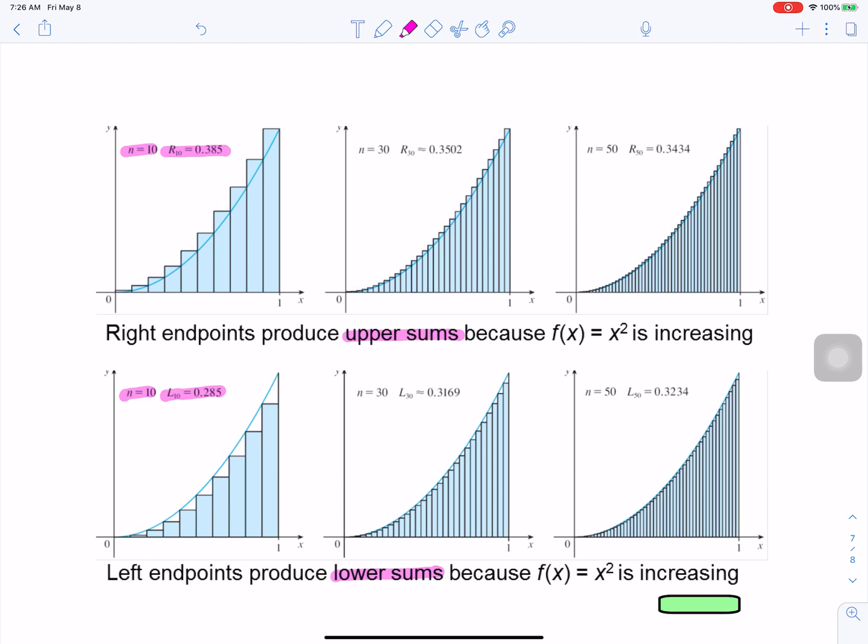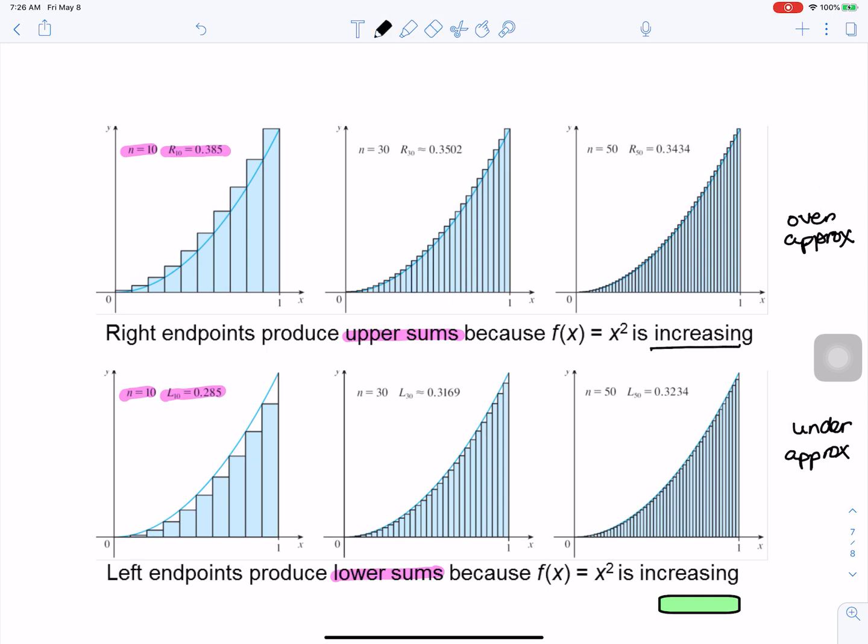So these are over approximations when you do the right endpoints, and these are under approximations when you do the left endpoint. Whoops, I can't spell approximation today. Again, in this case, the reason they're like that is because the function is increasing. If the function were decreasing, this would probably reverse.